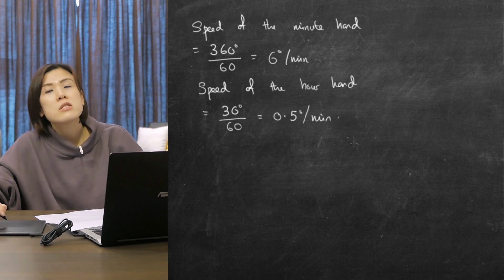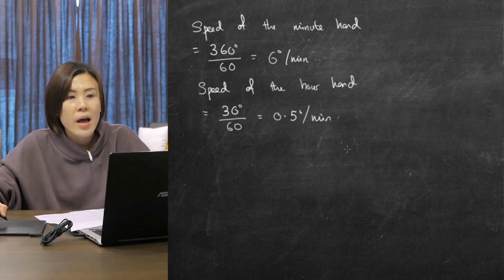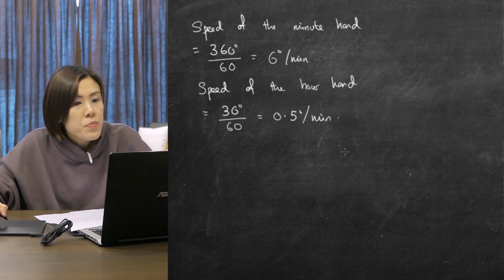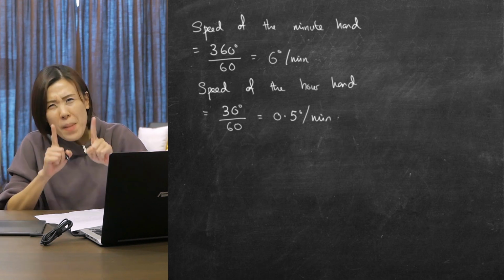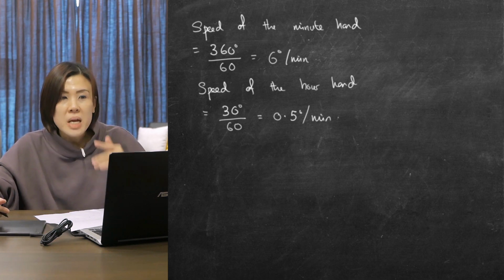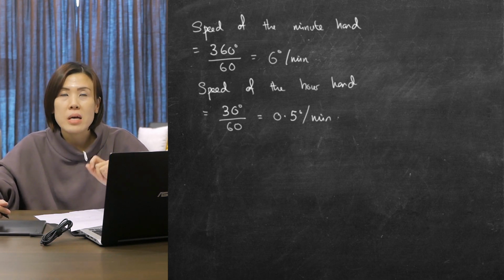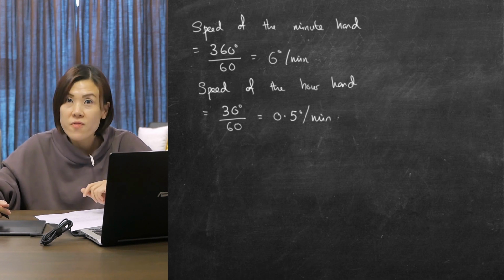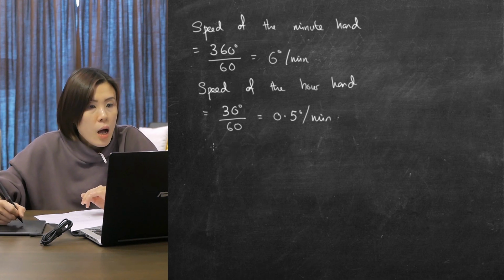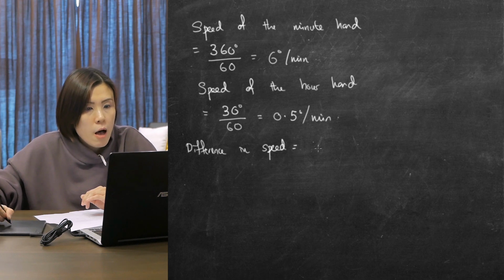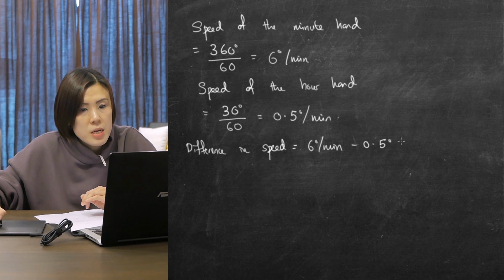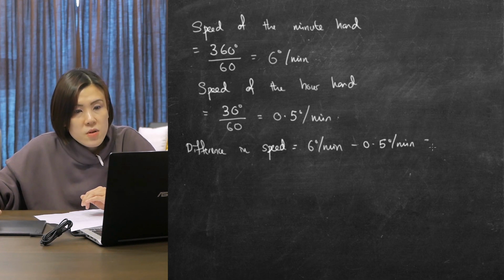And as you can see from here, the minute hand can definitely catch up with the hour hand as the minute hand travels faster. So next we will need to find how much angle the minute hand can catch up in 1 minute, and this can be found by finding the difference of their speeds. So we have the difference in speed, which is 6 degrees per minute minus 0.5 degrees per minute, and this is 5.5 degrees per minute.